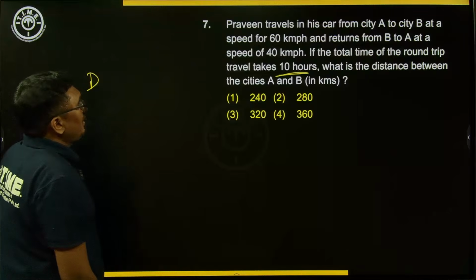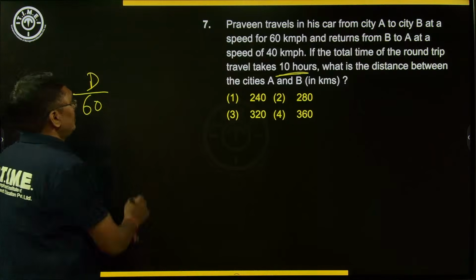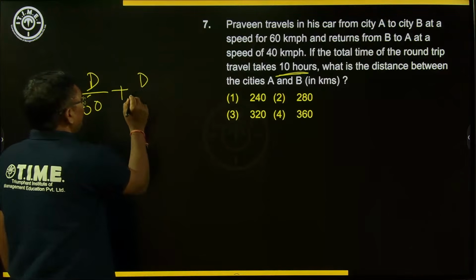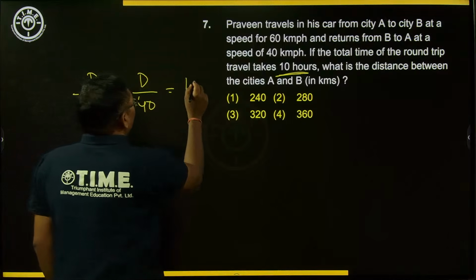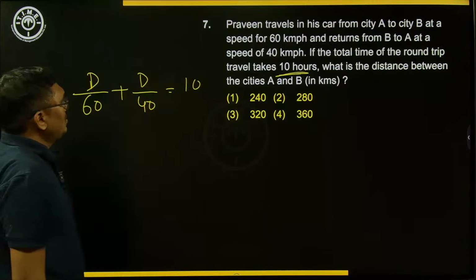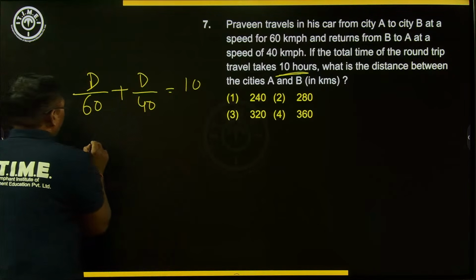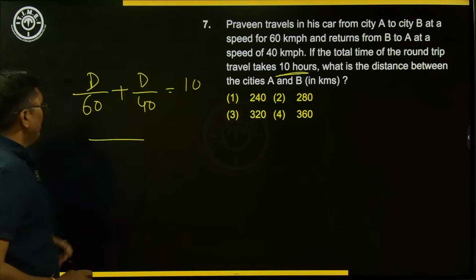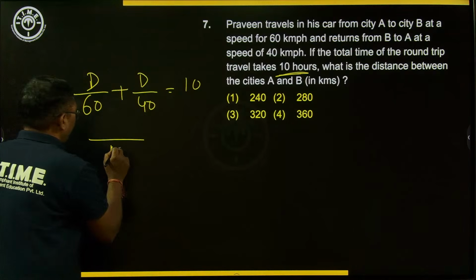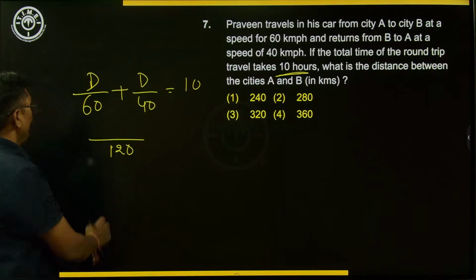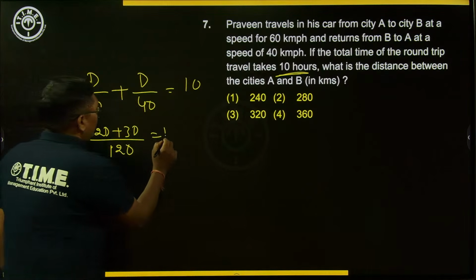What is the time taken from A to B? Distance by speed, D by 60, plus in the return journey D by 40, is equal to the total time of 10 hours. The LCM of 60 and 40 is 120, so this is 2D plus 3D equal to 10 times 120.